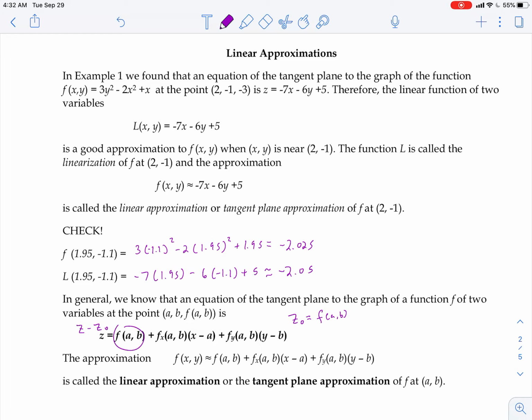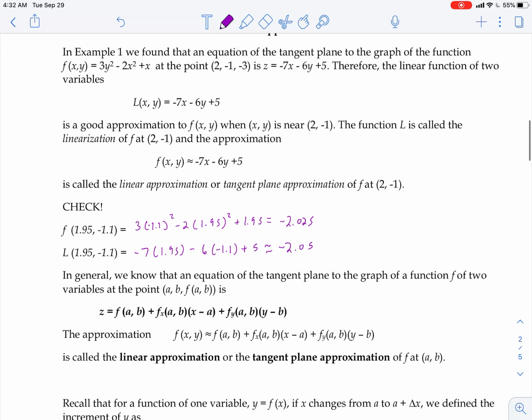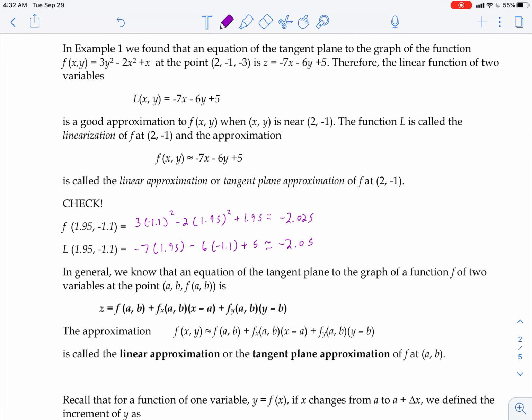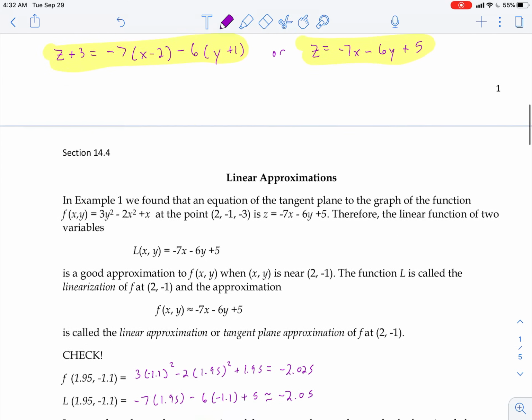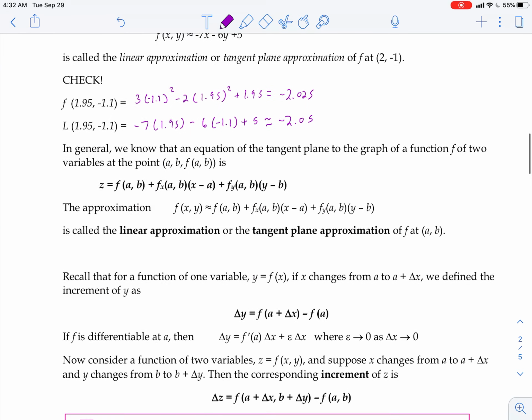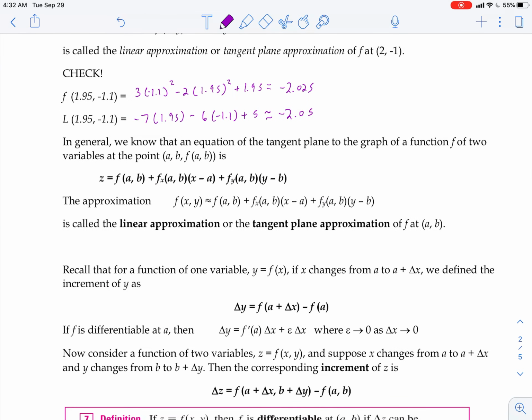This just comes from the fact that z sub 0 is f of (a, b). So I don't want y'all to get confused with that. Here we just have z solved for, and we got rid of the z sub 0, which is our initial z value. Then everything else follows the tangent plane, so it follows equation 2.